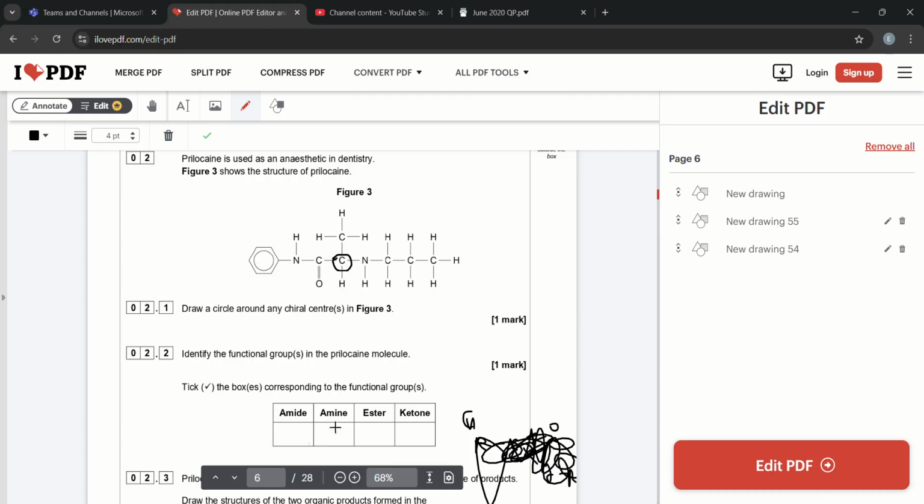Amide and amine. Yep, it is attached to a NH, and it also is attached to CNH, C double bond O. So there is going to be an amide functional group in a prilocaine molecule, and there will be an amine in the prilocaine molecule as a functional group.